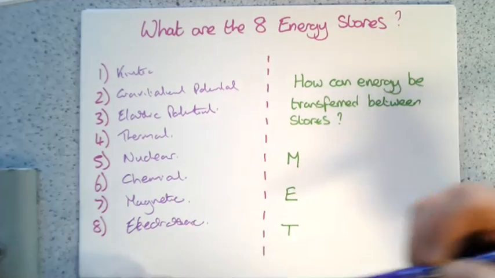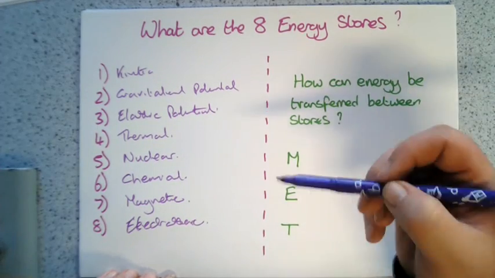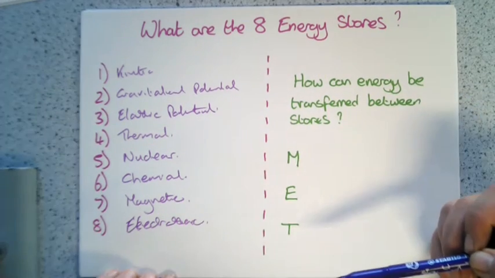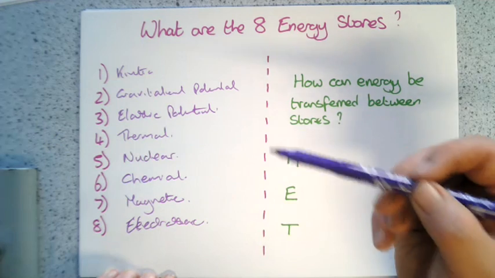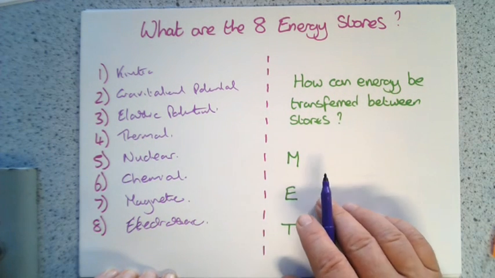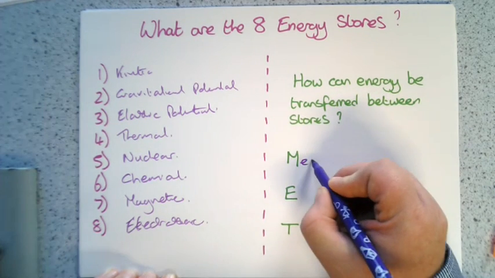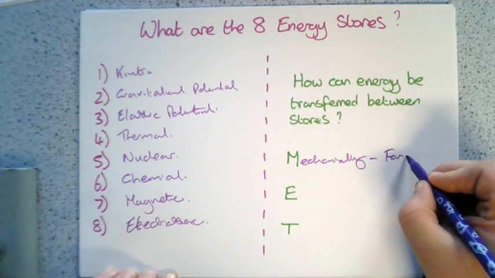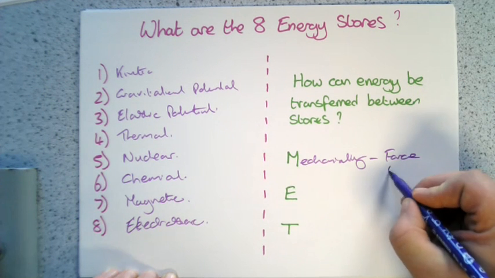Now, these 8 energy stores, they're the ones that you need to know about, and you need to be able to say how energy is transferred from one store into the other. And there are 3 things that we need to remember about them. We have mechanically, and that's when we use a force or work is done.